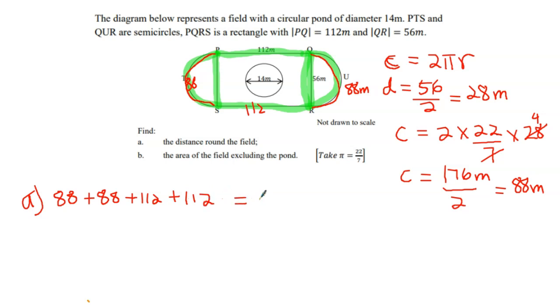When we put it all together, we get 400 meters all around. The distance around it, the circumference of this shape. Here you cannot call it a circumference or a perimeter, because it's a composite of a rectangle and a circle. So that's the analogy right there.